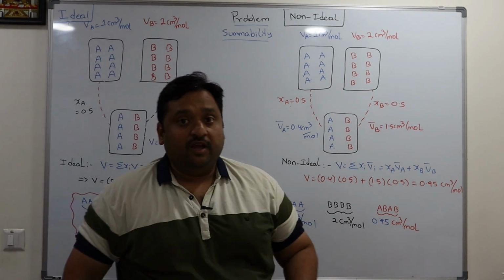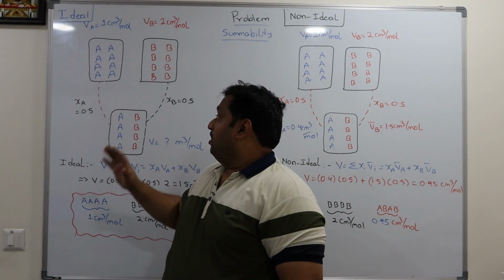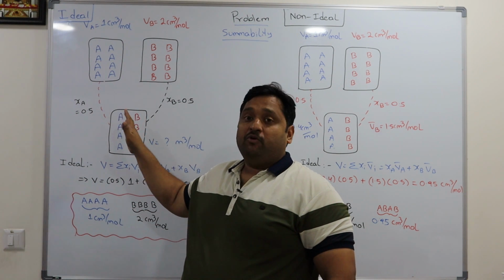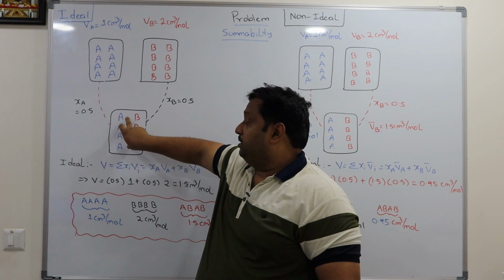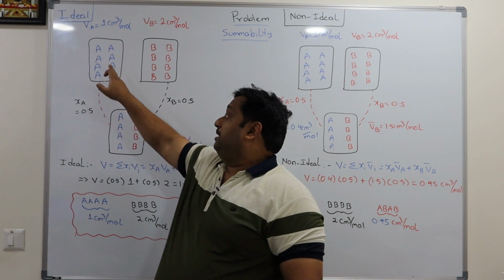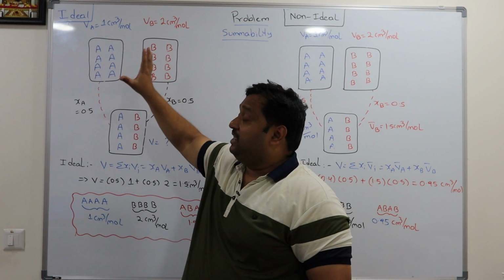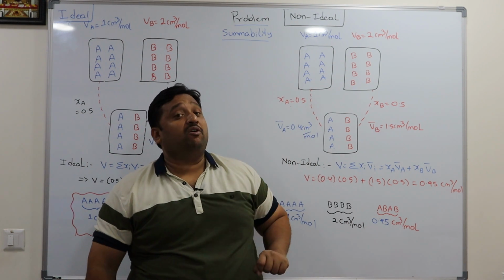Hi students, let us continue the class. On one side of the board, I have found the solution molar volume when we use the pure molar volumes of A and B. One is for the ideal case, one is for the non-ideal case.